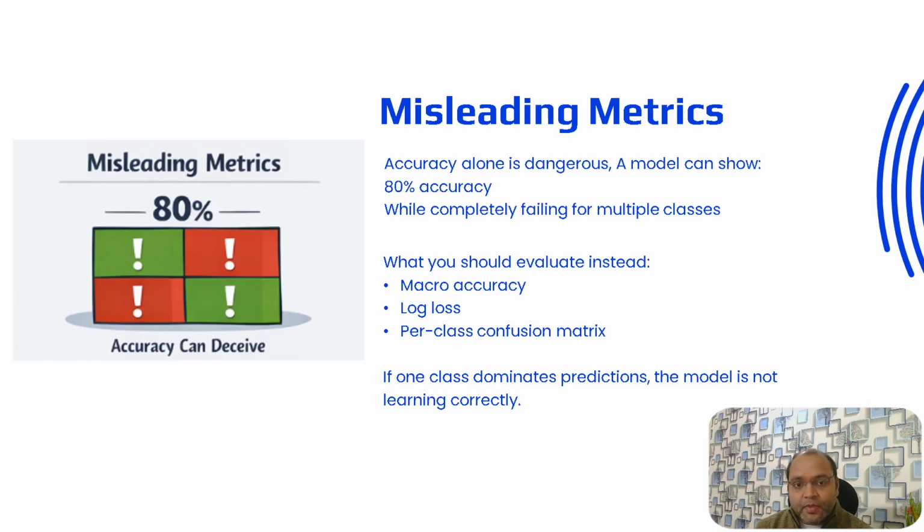What you need is to evaluate macro accuracy, log loss, and per-class confusion matrix. If one class is dominating the prediction, your model is not learning correctly. This is one of the mistakes generally made by developers. Please keep your focus here.